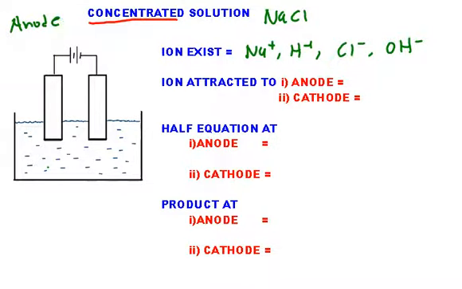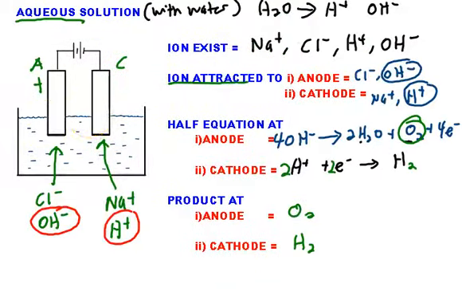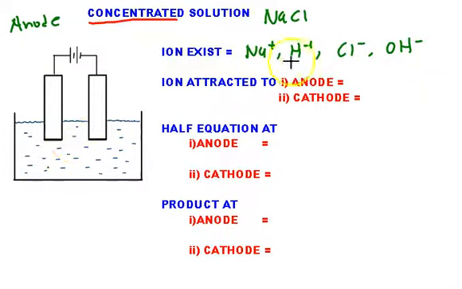The same as the aqueous: at the anode, you will have chloride ion and hydroxide ion. At the cathode, you will have sodium ion and hydrogen ion.